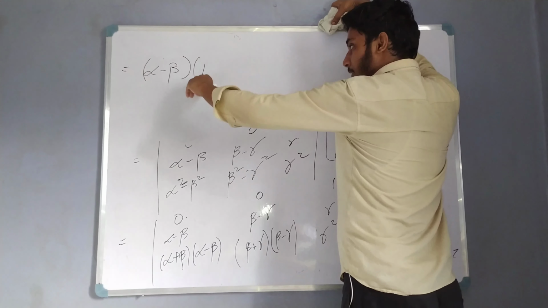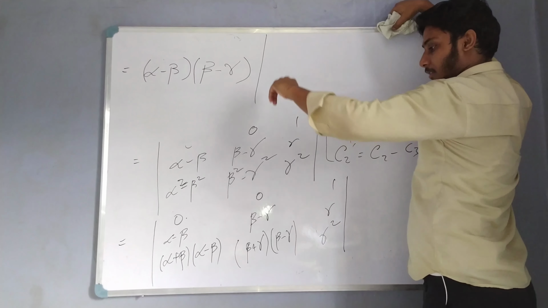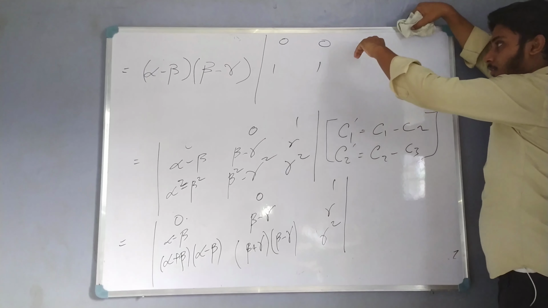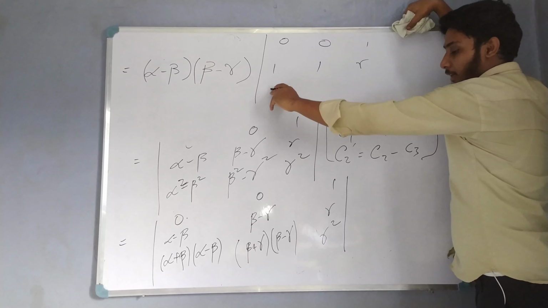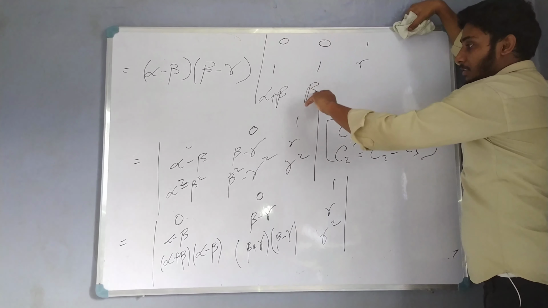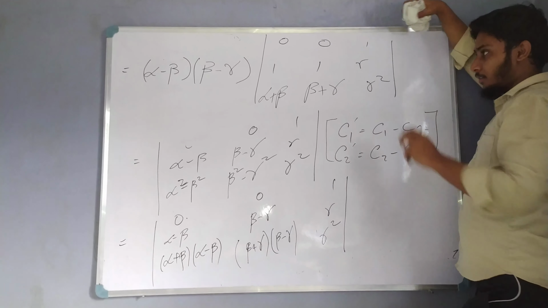From the second column you have to take beta minus gamma as common. So what is the remaining? 0, 0, 1, 1, 1 gamma. It will be alpha plus beta, beta plus gamma, and this is gamma square.